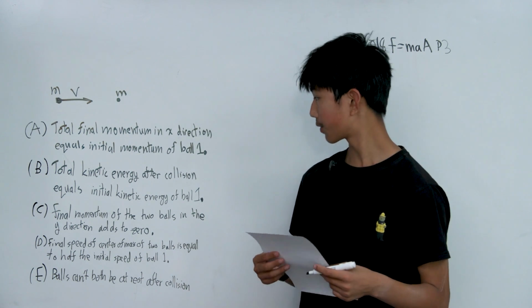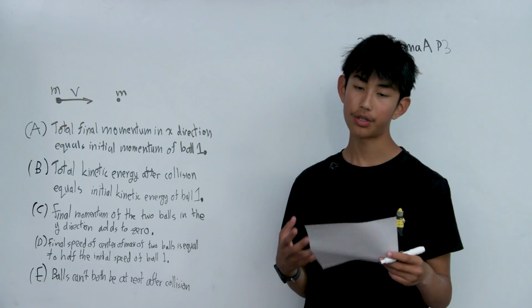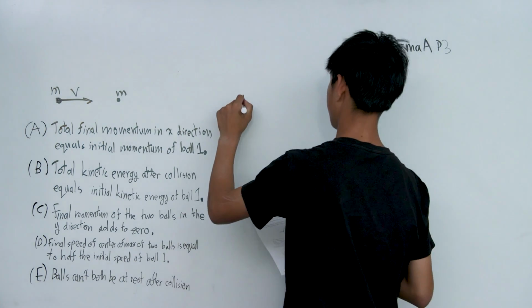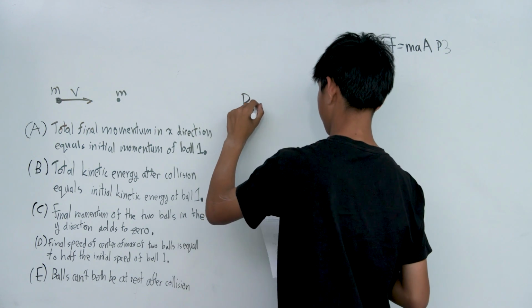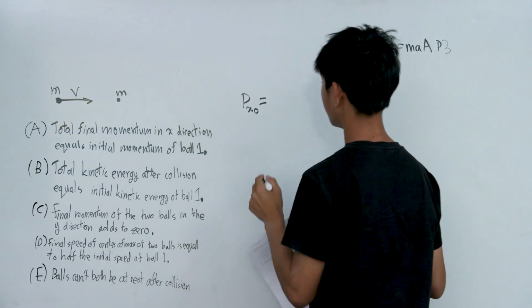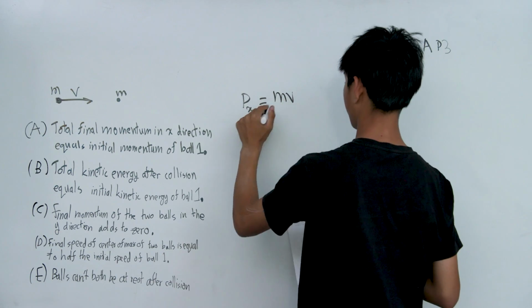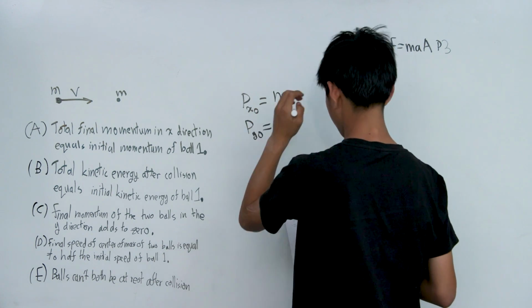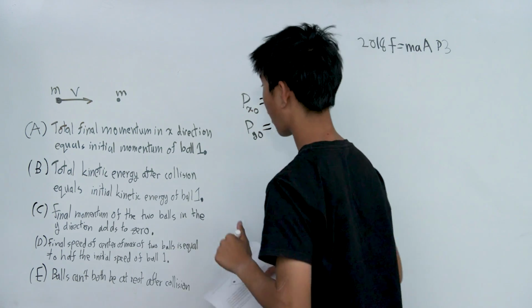So, for this problem, due to conservation of momentum, we know that P sub x0, the initial x momentum, has to be mv, and the initial momentum in the y direction has to be equal to 0.